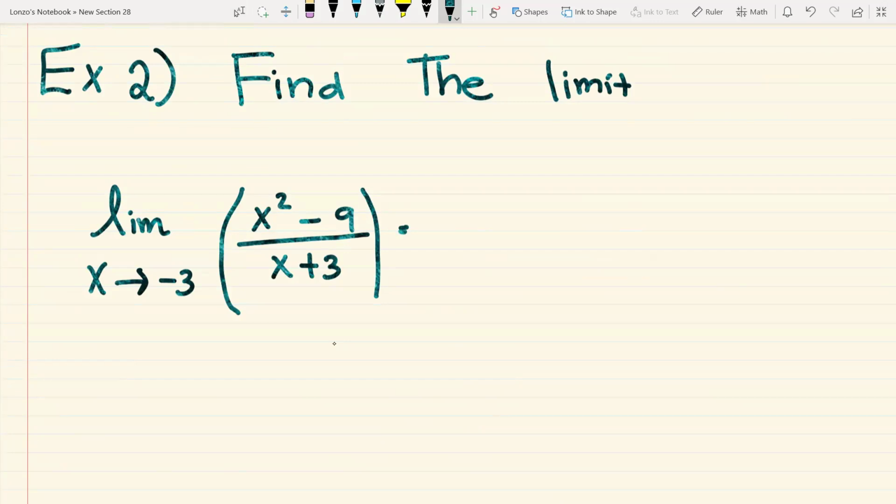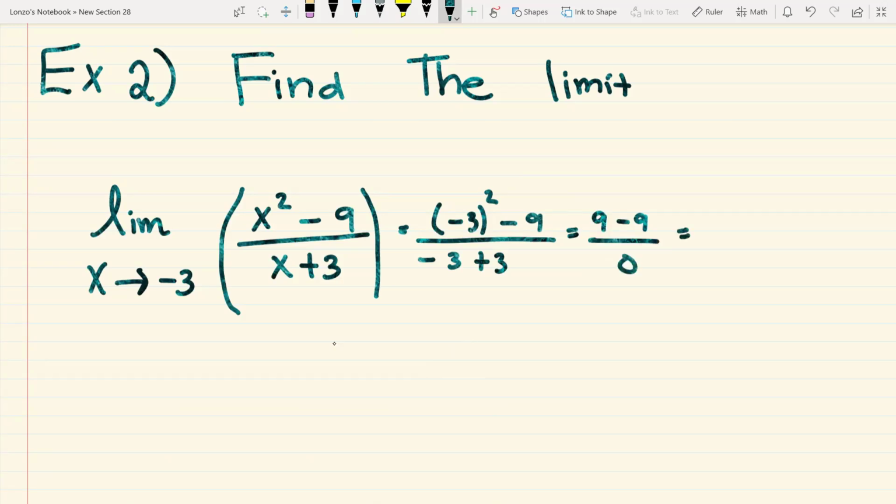But I don't think that'll work, because if I plug it in, negative 3 squared is 9 minus 9, and then negative 3 plus 3 is 0. 0 over 0, right? So you have what's called an indeterminate form, which we don't want to have.